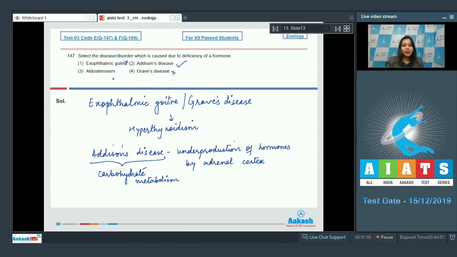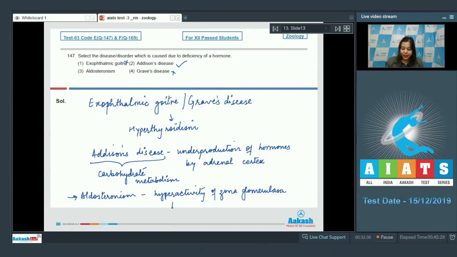Option number 3 is aldosteronism. It occurs due to hyperactivity of zona glomerulosa.